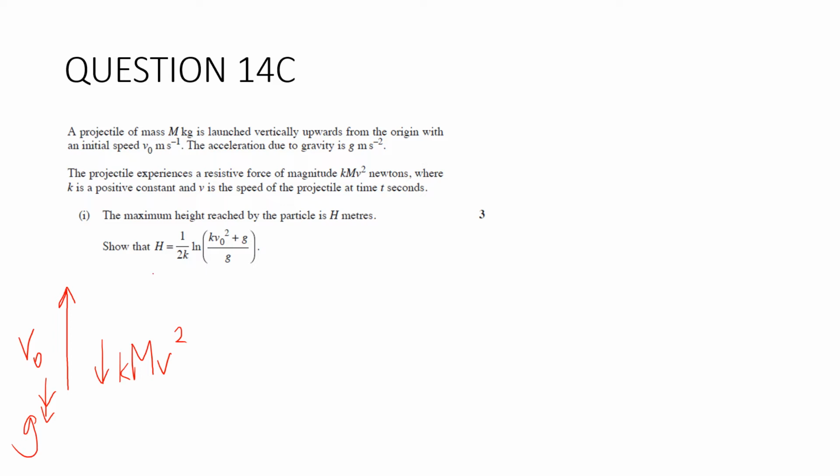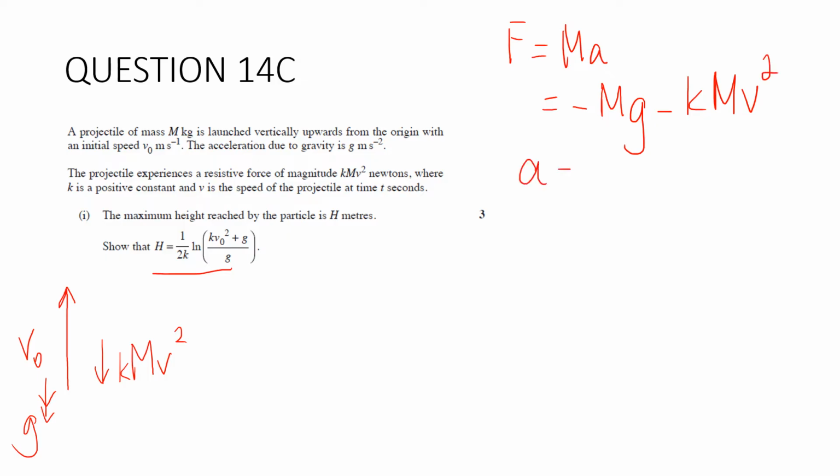Show this. All right, let's start with F is equal to ma, which on the way up is going to be equal to negative mg take away kmv squared. And we can cancel all of those m's out and we end up with a is equal to negative (g plus kv squared). We are wanting to work out the maximum height, which means we need x.